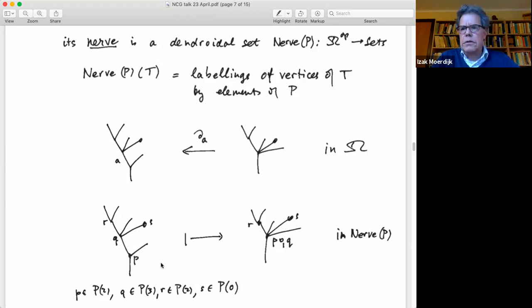And I told you that the trees are not planar. So if I want to give a more precise definition, I should say an element here is an equivalence class of a planar structure on the tree and such a labeling. And if I change the planar structure, if I flip these two edges, I should replace this p by p times the permutation in sigma 2, which acts on the operad.